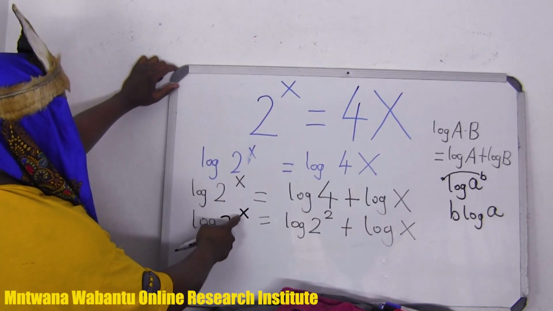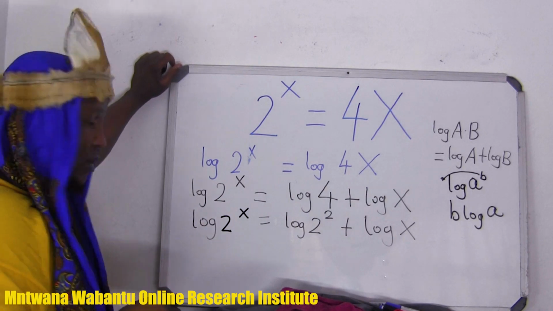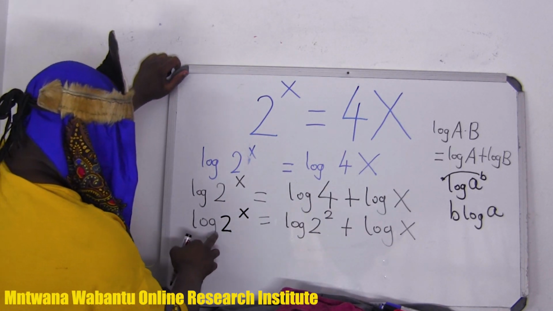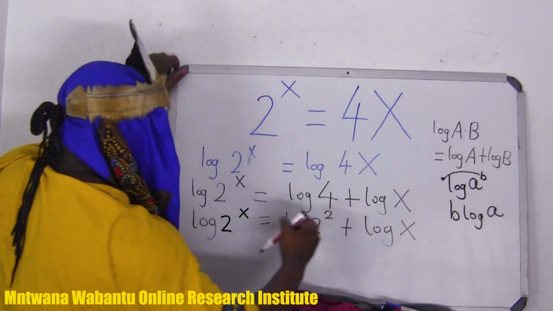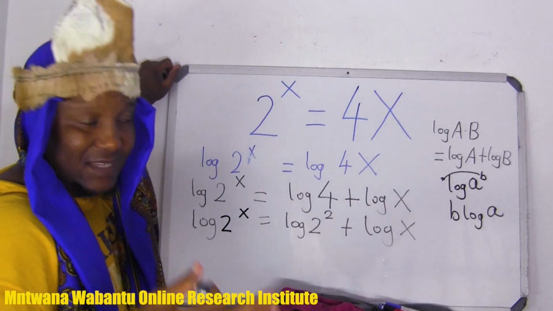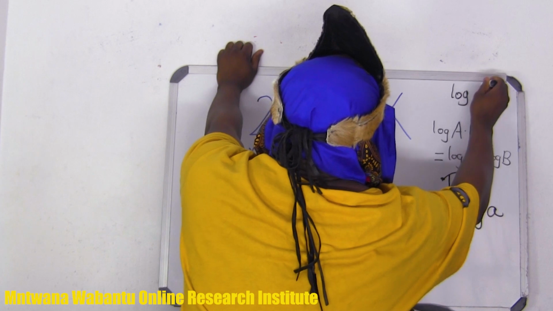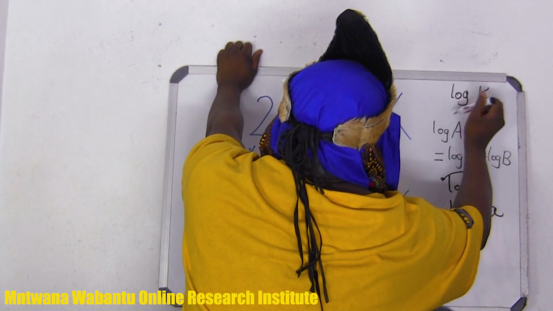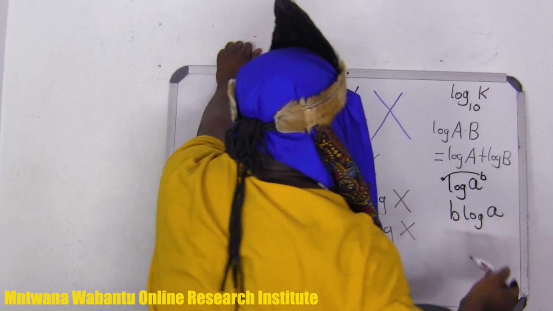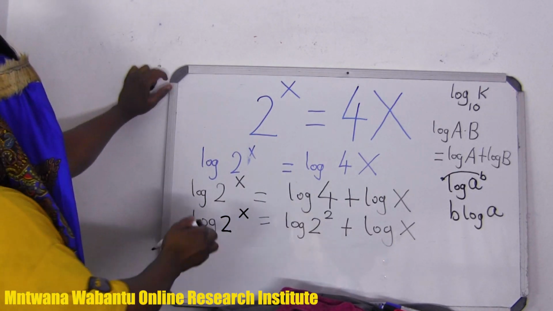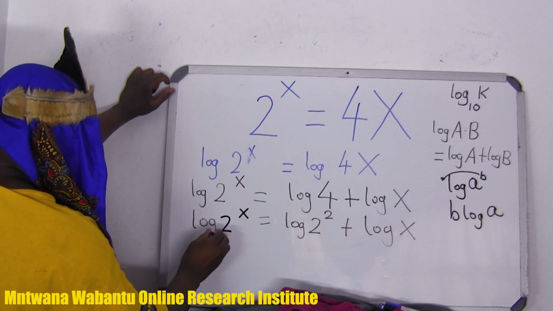And remember, since there is no base written here, we assume log base 10. For example, if somebody gives log k with no base, you automatically assume it's base 10.